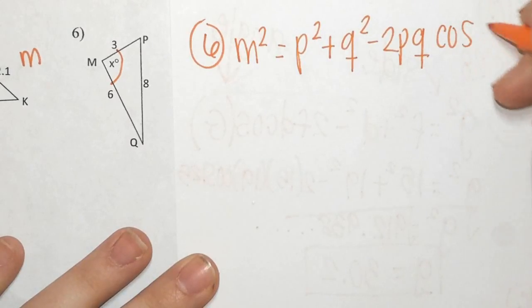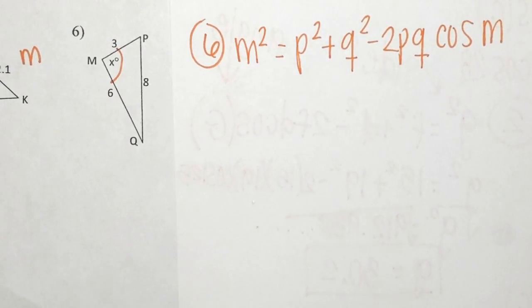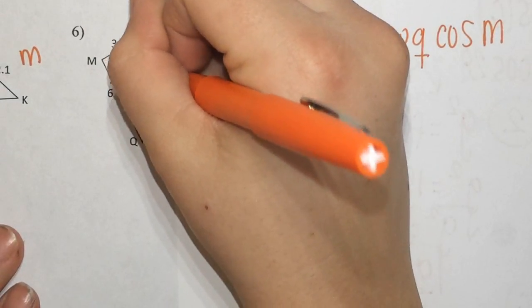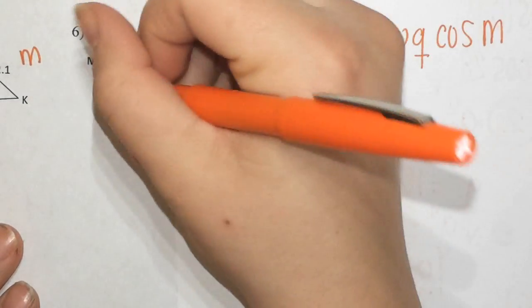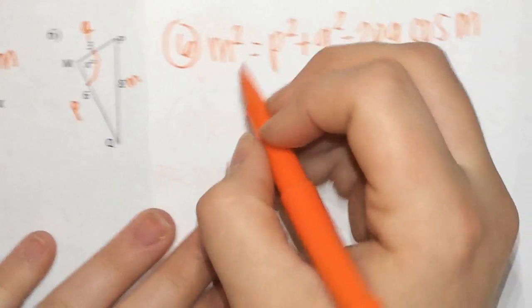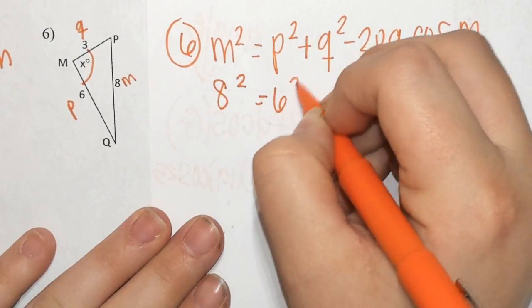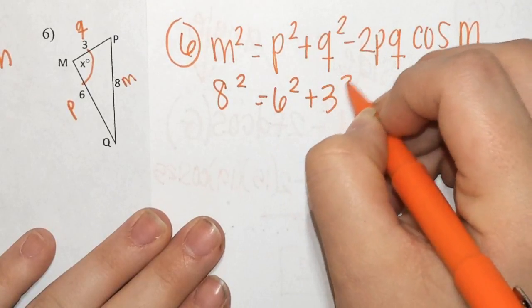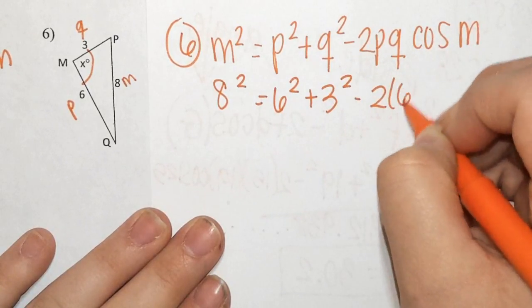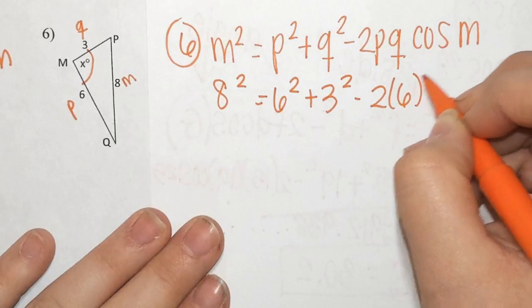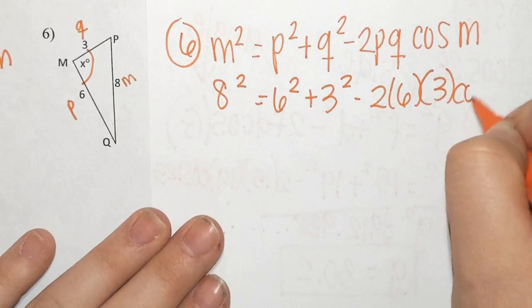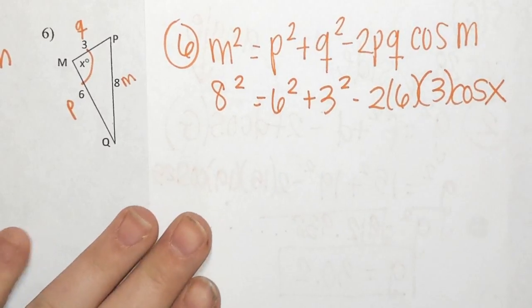This shape is confusing me. 8 is M, Q is 3, P is 6. Alright, so we have 8 squared equals 6 squared plus 3 squared. 3 is Q.